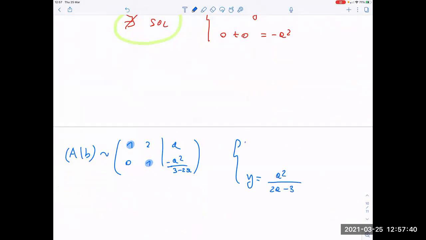The first equation is telling me that x plus 2y, so 2a squared over 2a minus 3, is equal to a. And so this is how you compute y, and then you substitute in the first equation, and then you compute x. So here are the solutions, okay? Okay, so any further question?